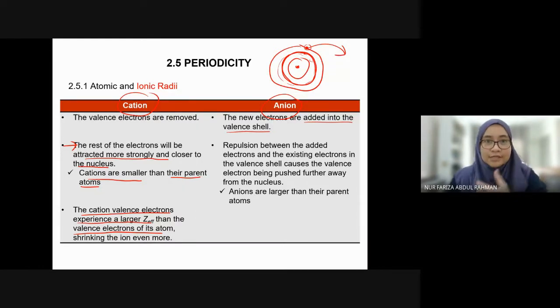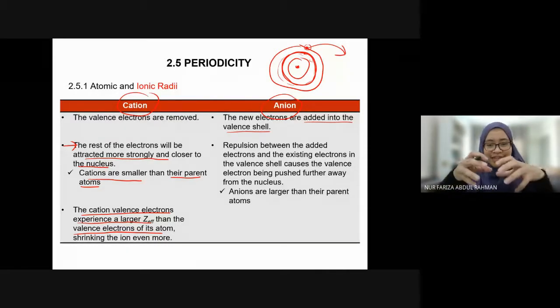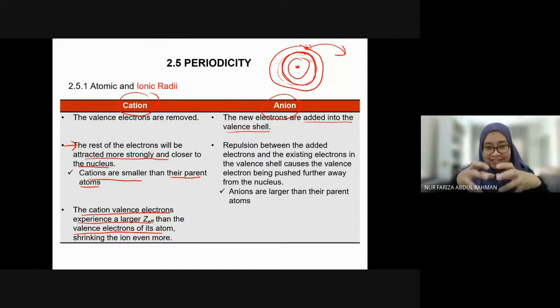So how do you calculate the Z effective now? You have to calculate based on the new ion, the new system. So you have to consider that the number of inner electron has decreased. Why decrease? Because the inner electrons become the valence electrons after the electron has been removed.